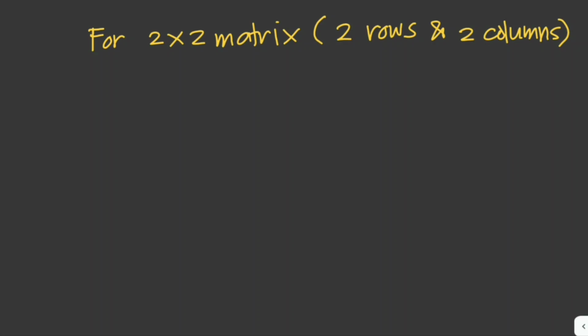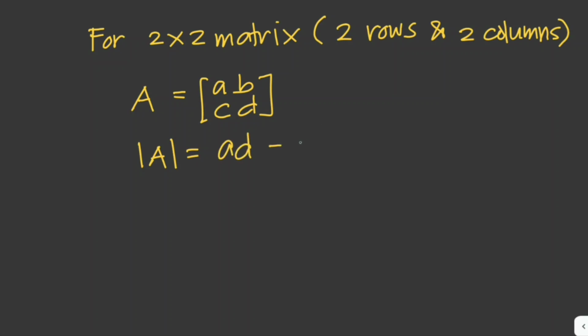For a 2 by 2 matrix, which has 2 rows and 2 columns, let's say we're given matrix A, which has components A, B, C, D. Then to solve for the determinant, we multiply A and D minus B times C. It would be easier to remember when you think of a cross, like you just cross multiply.